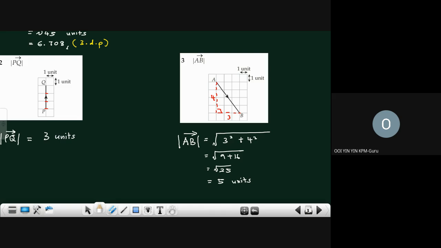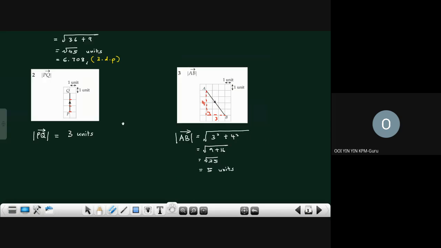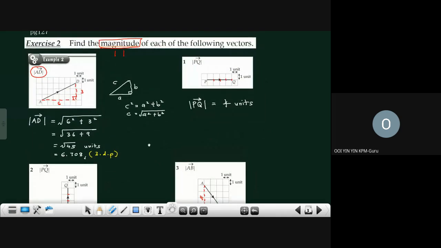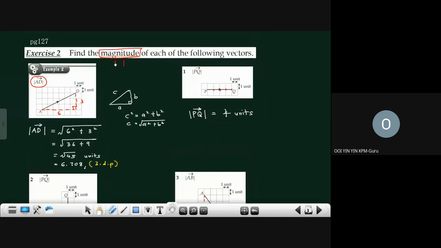So this is very easy for finding the magnitude of a vector. Easy, right? I just want to teach you the simple part, the basics of these few chapters. Now you just need to know the basics, scalar, magnitude, how to find it. The later, complicated ones, we'll do when we have revision later.